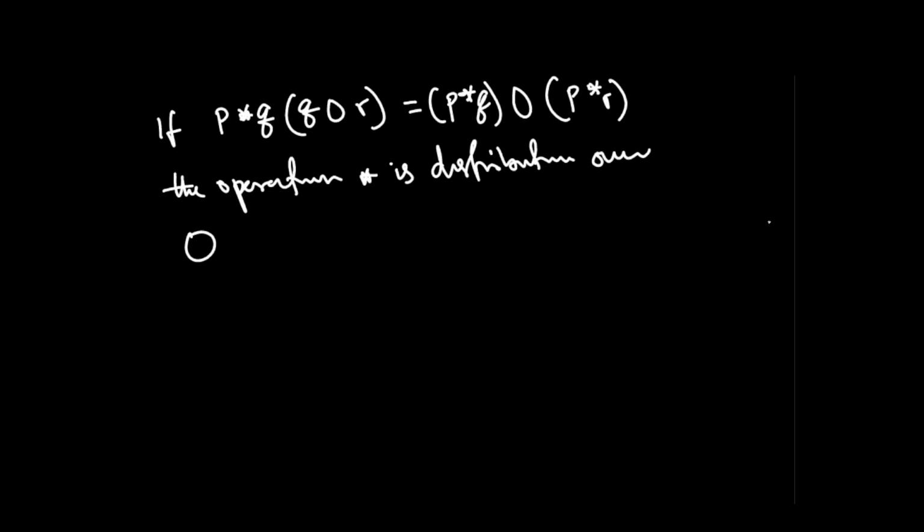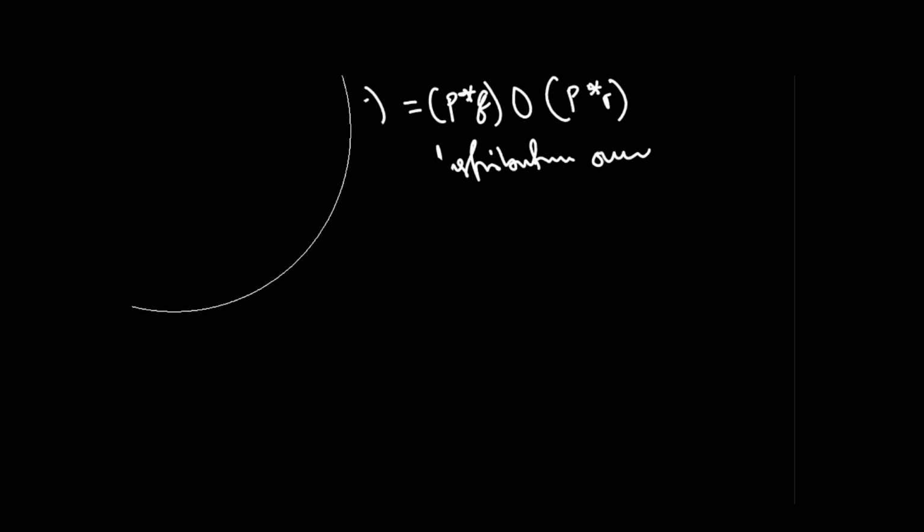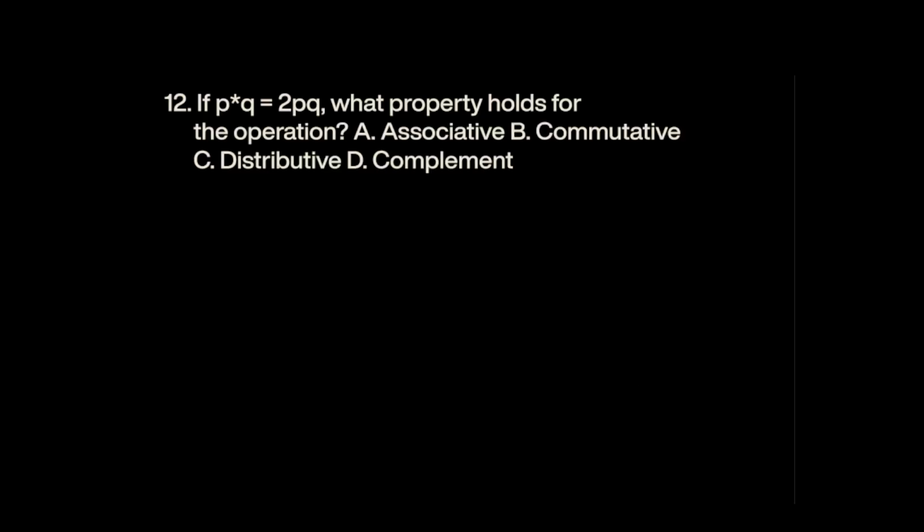Now, let's take a look at some questions under this also. The question says, if P operation Q equals 2PQ, what property holds for the operation? A, associative, B, commutative, C, distributive, D, complement.